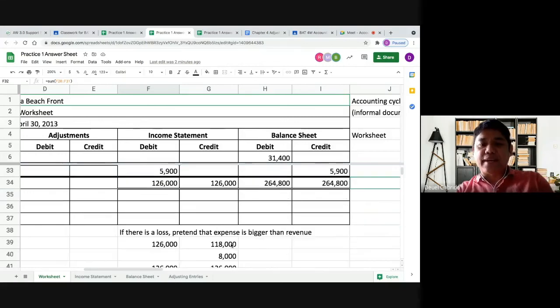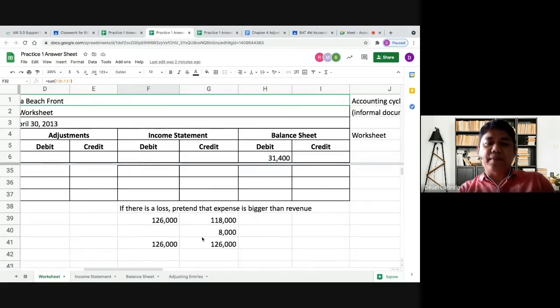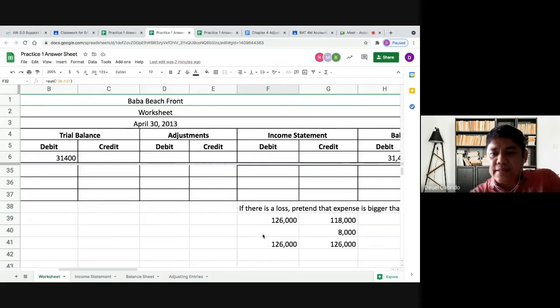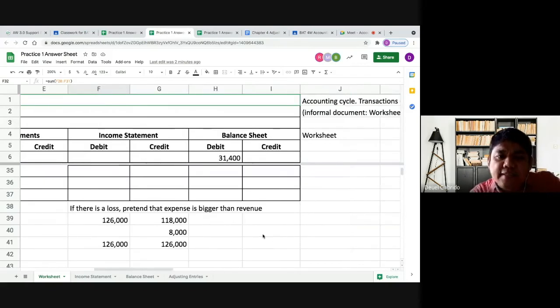What shall we do? I put an example here at the bottom. If there is a loss, pretend that expense is bigger than revenue, right? So what do we do? Let's say this is your expense, 126, and then let's say the revenue is only 118.